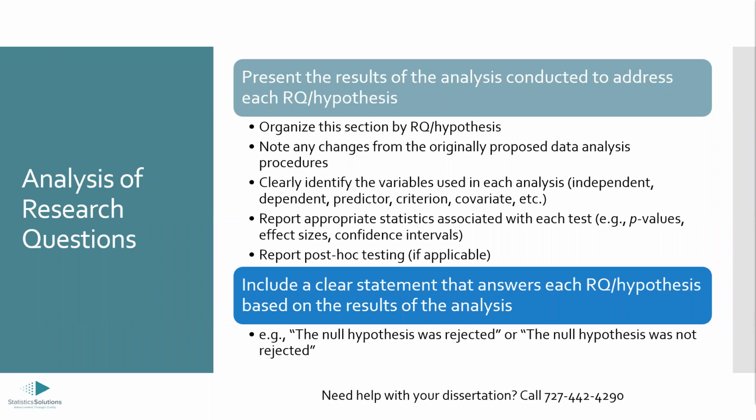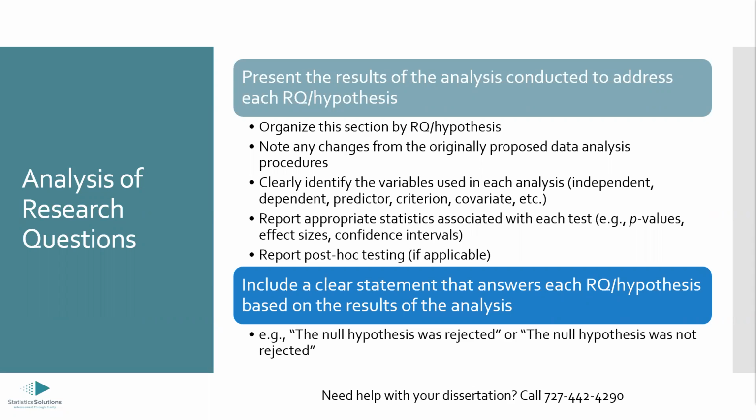And so after you've described your assumptions and ensured that all of your assumptions are tested, then you can finally get into the actual results of the analyses for each of the research questions. So you'll want to organize this section by your research question and hypothesis.